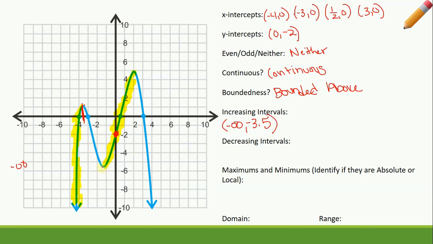Then I am increasing, looks like it would be negative 1.5 to, hey, stop at 2. Right there, stopping at 2. There we go. Notice increasing intervals, you're using parentheses because technically at 2 you're not increasing anymore.